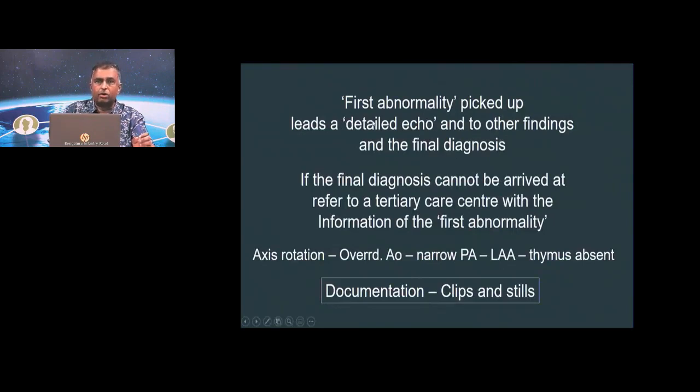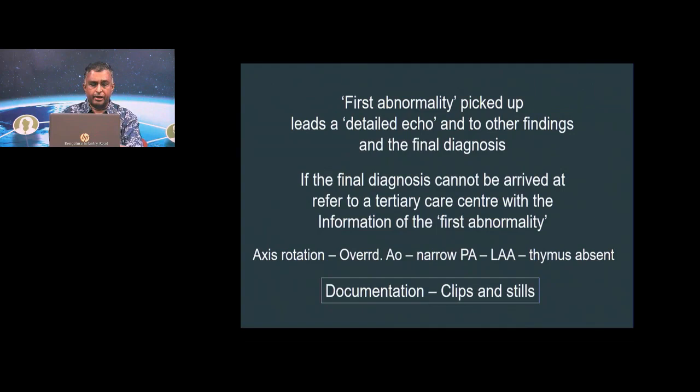Remember, I've put detailed echo in inverted commas, because a detailed echo is the norm. You're not doing the fetus a favor. It's expected of us to do the so-called detailed echo, and to other findings, and then the final diagnosis. If the final diagnosis cannot be arrived at, you only have a bunch of findings and you're not sure what's happening, you need to seek another opinion.